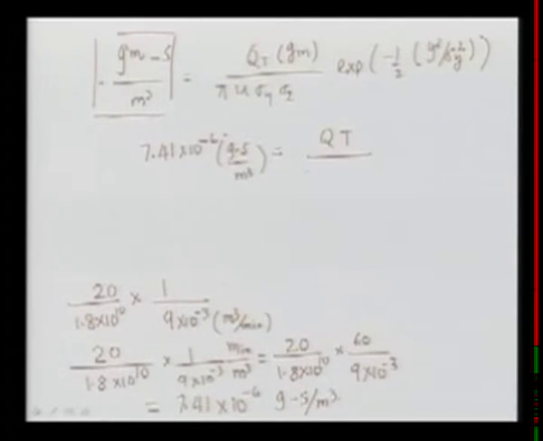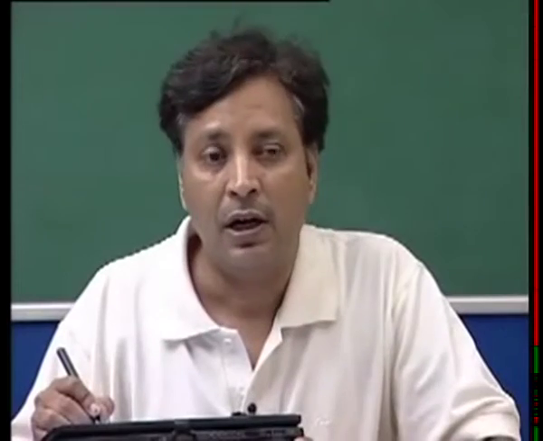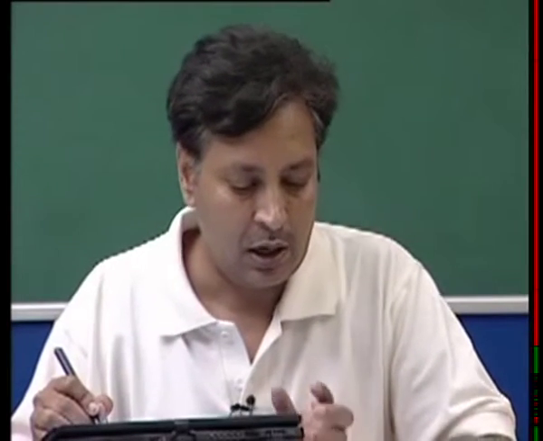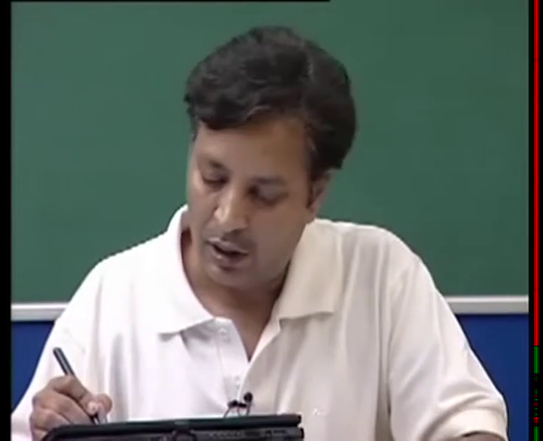What was my pi? It is 3.14. Wind was how much? You remember, wind was 5 meters per second, and I again need to find out sigma y and sigma z at what distance? At 8 kilometers.